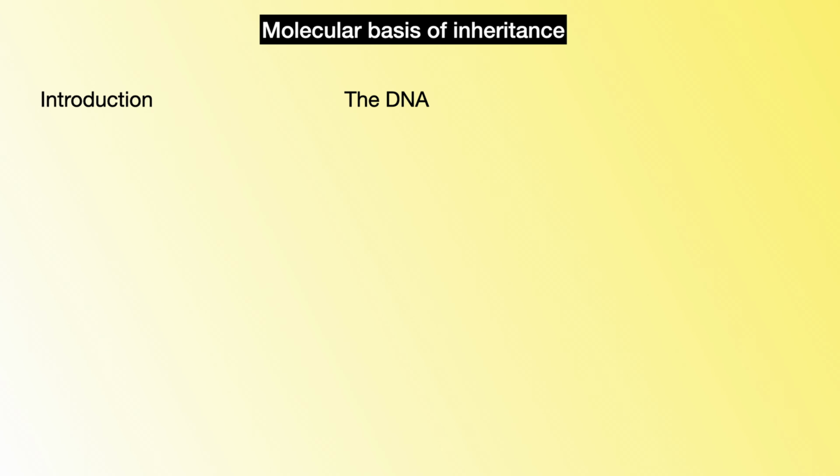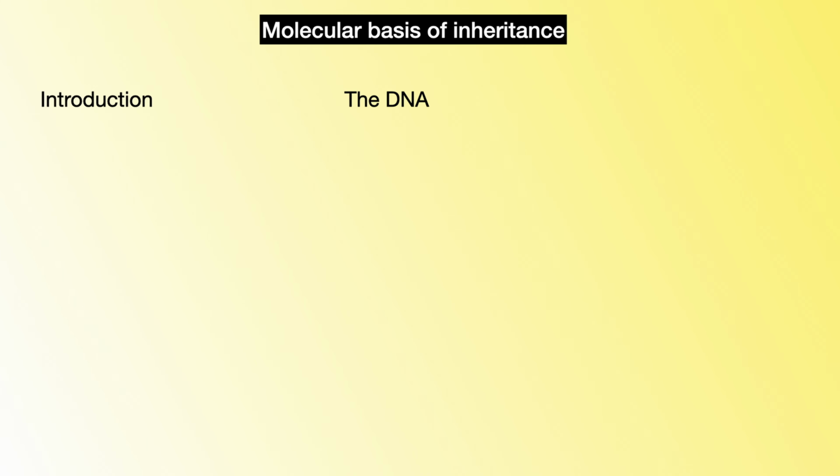Adenine with ribose sugar becomes adenosine. Adenine with deoxyribose sugar becomes deoxyadenosine. In the same way, guanine with ribose sugar becomes guanosine and guanine with deoxyribose sugar becomes deoxyguanosine.